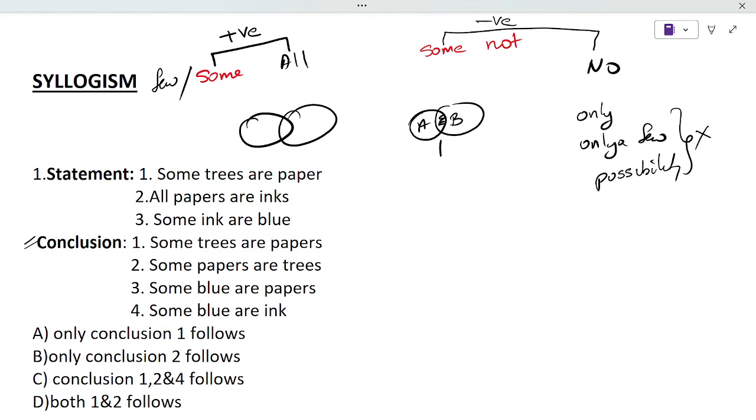An imaginary diagram means this is also some A are B. So we will rearrange the diagram, but again keep in mind that while rearranging, we will not violate the statement. That's it. Right, so let's try the questions.